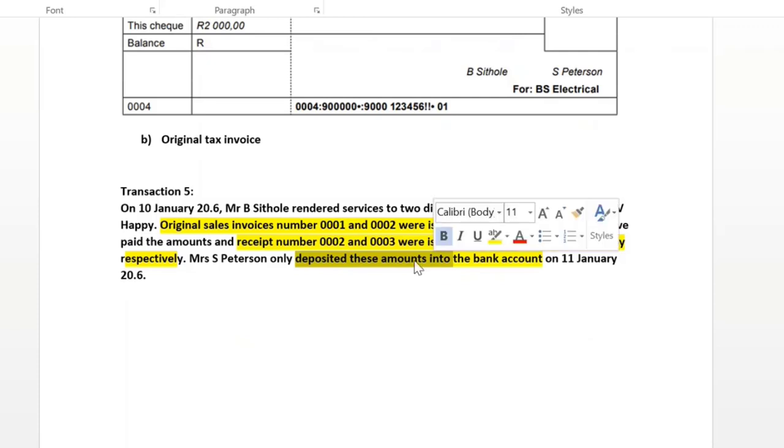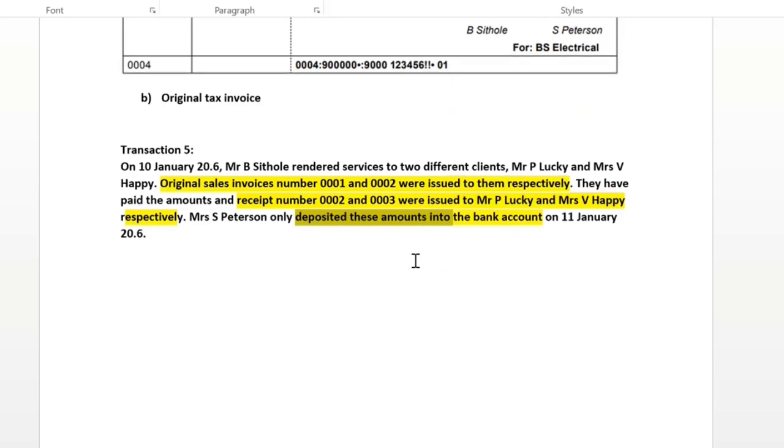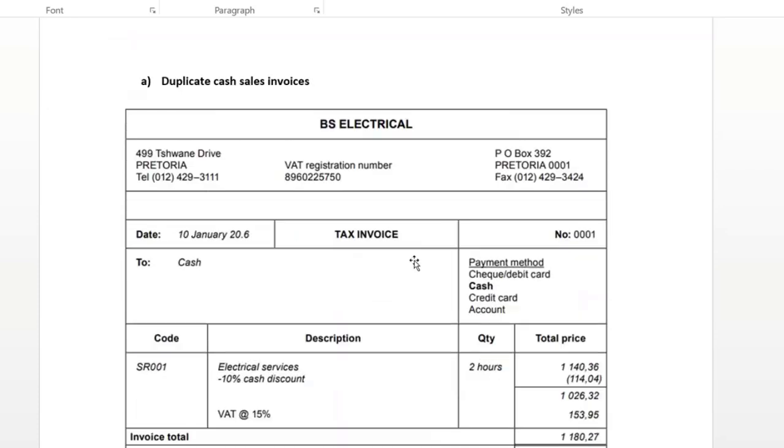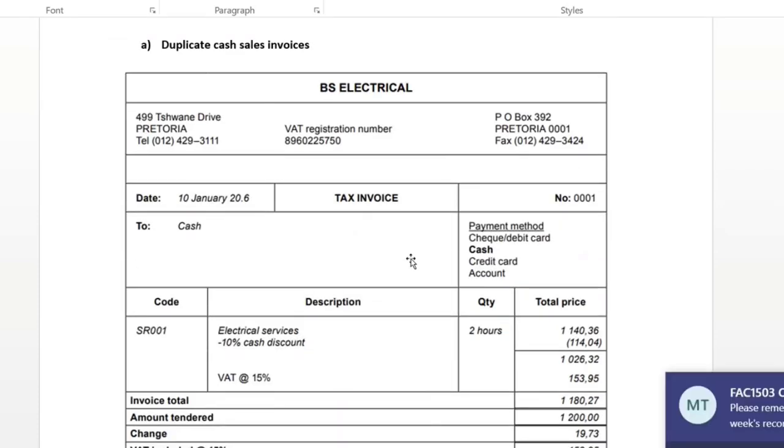And if we made a payment to the bank, the bank keeps the original deposit slip and we are left with the duplicate bank deposit slip. So Myla is correct. Can you see that?